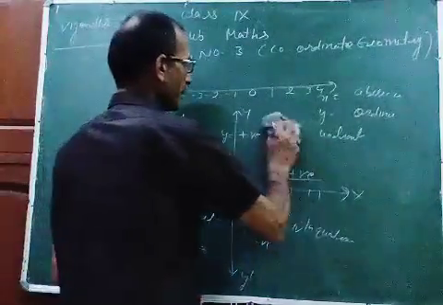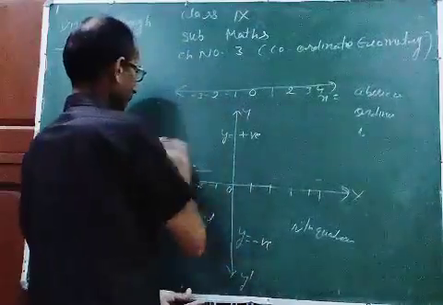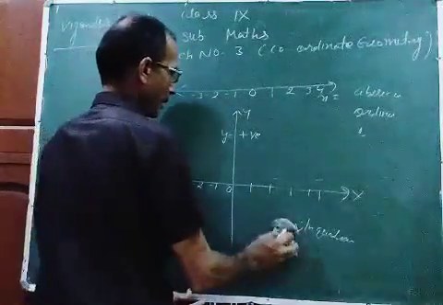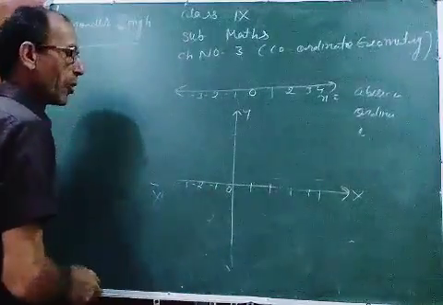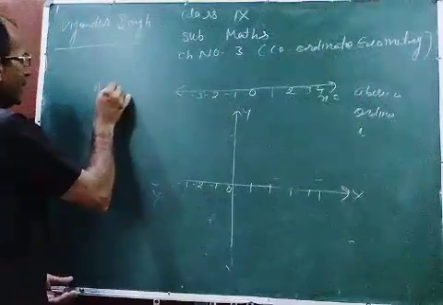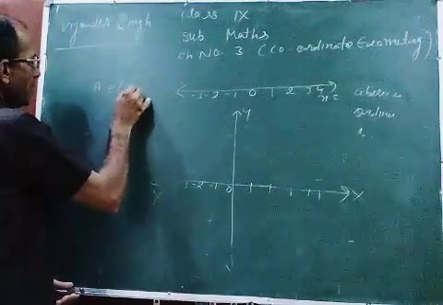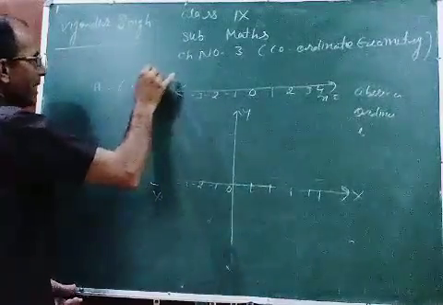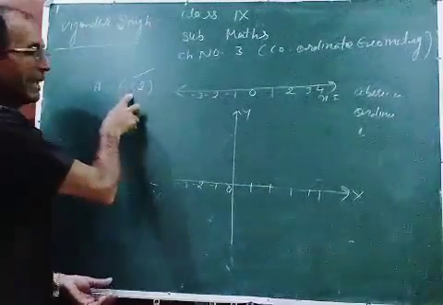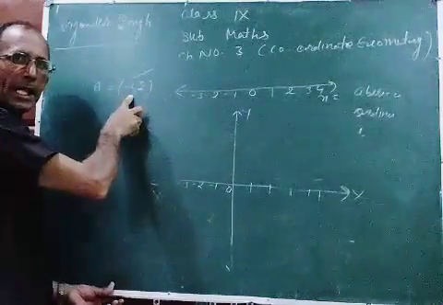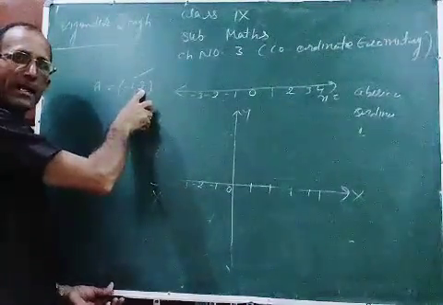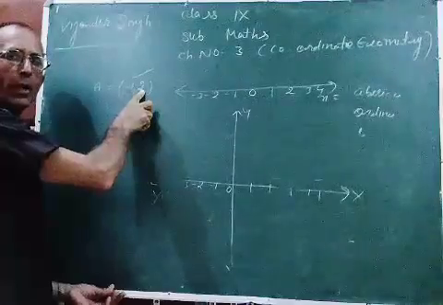One more point. So I am taking some coordinates: A (-1, 2). These are the coordinates -1 and 2. -1 means the value of x, it means abscissa, and 2 means the value of y, it means ordinate.